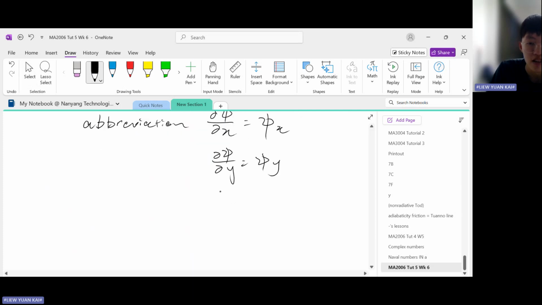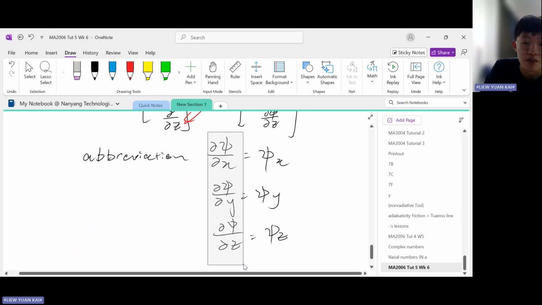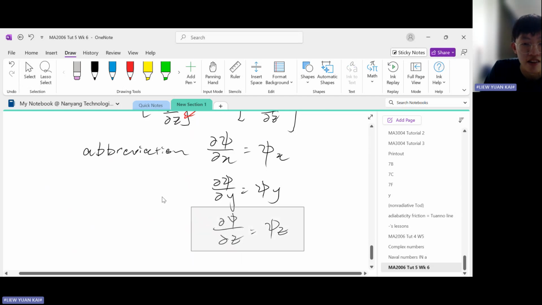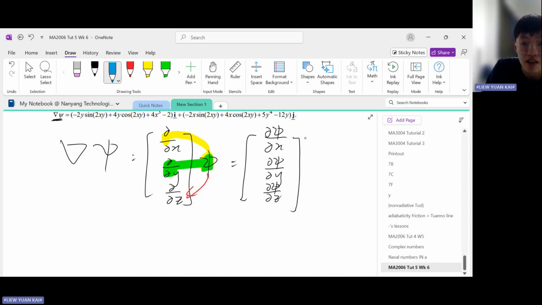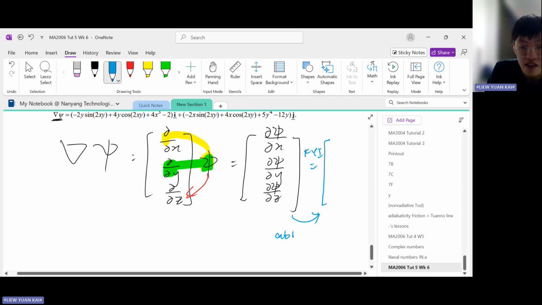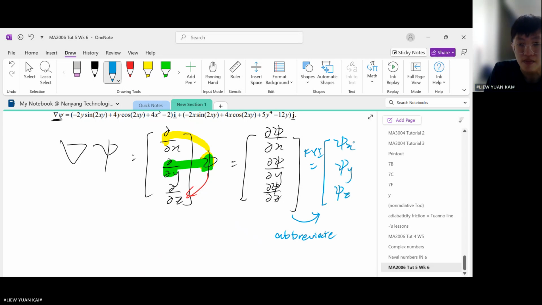And similarly, the partial derivative with respect to z is psi with a subscript z. But if you forget this, you can just stick to using these partial derivatives. But I'm telling you, it's going to be a lot to write. Don't worry, just FYI. We abbreviate it, meaning make it short, as psi of x, psi of y, and psi of z.